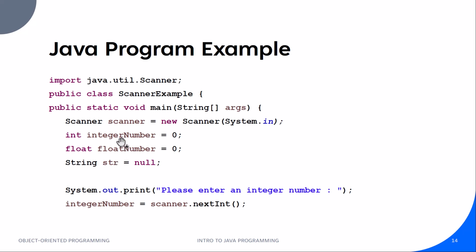Now, as you can see, I use meaningful variable names, as is the common notation in Java, such as integer number and float number. You'll commonly see that strings are named with variable names such as str, which denotes string, and then we are going to see that this string is initialized to null.